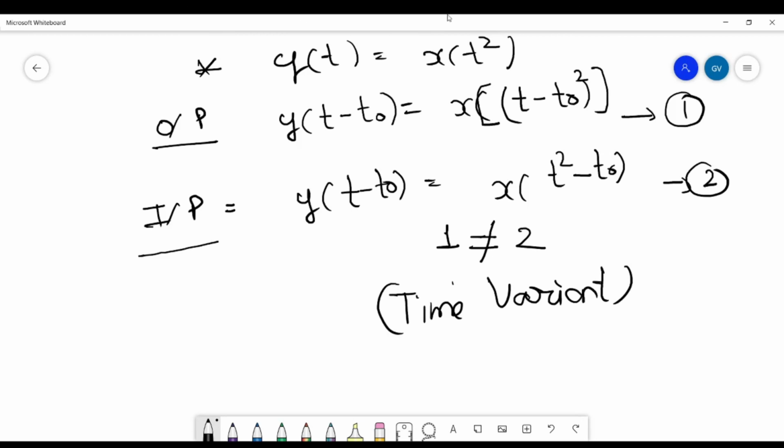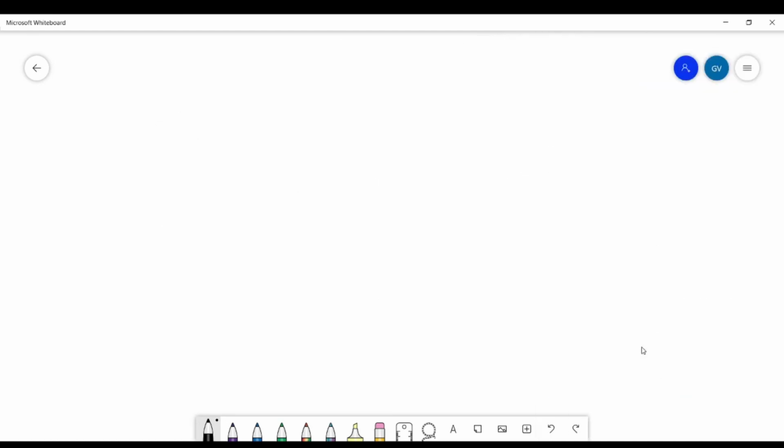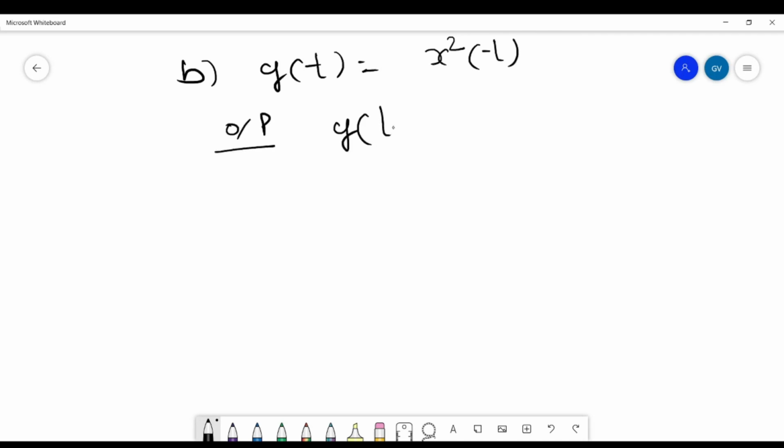Now let's take another example to understand better about time invariancy. Let's take y of t is equal to x square of t. If I make a change in output, clearly see I'm following the same steps only. Y of t minus t naught is equal to x square of t minus t naught. Let's name it as equation number 1.